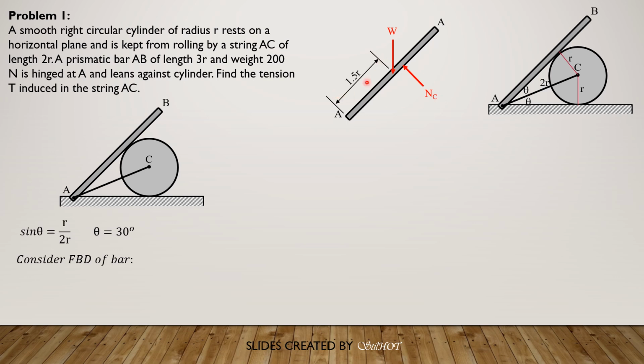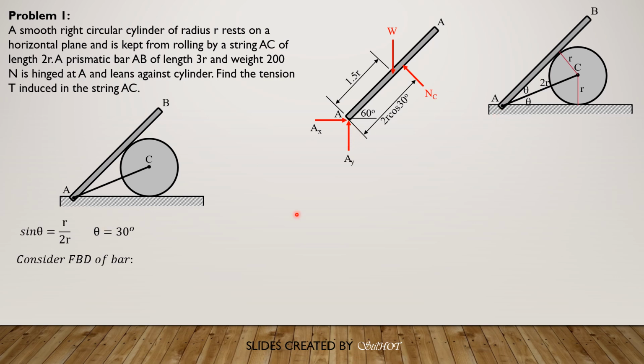The distance of N sub C from A, from this right triangle, is equal to 2r hypotenuse times cosine of theta, or 2r cosine of 30 degrees. These are the expected component reactions at A. As I said earlier, this is 60 degrees, the total angle with the horizontal for the bar.